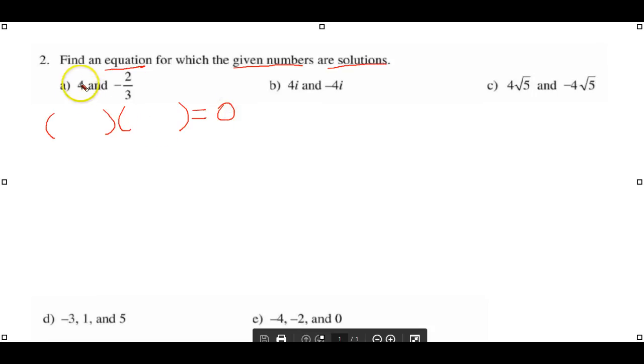Well, if you recall, it's the opposite sign of this. So this would be x minus 4 here. And our denominator had to go there, 3x, and it's going to be plus 2.